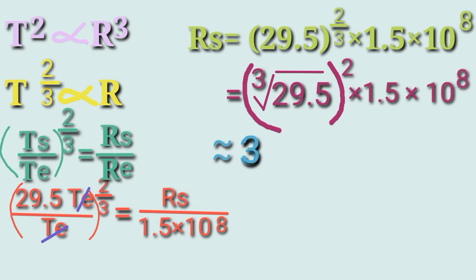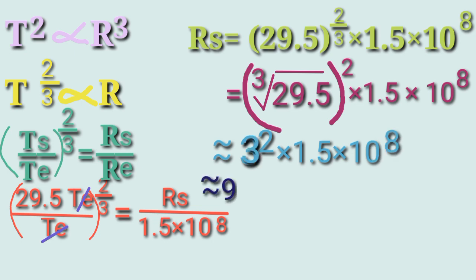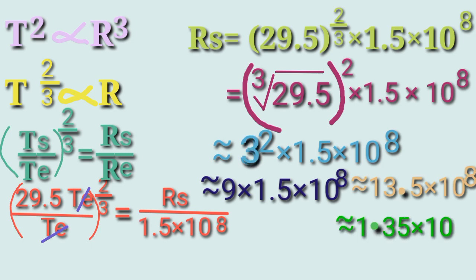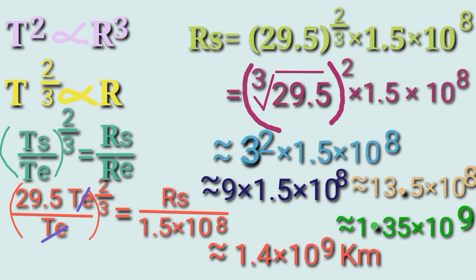So we get 3 squared into 1.5 × 10^8. 3 squared is 9, multiplied by 15. 15 into 9 is equal to 135. Take the point from the first position from the right. If the point position is changed from the right, then the power of 10 is increased by 1. So we get the answer 1.4 × 10^9 kilometers.